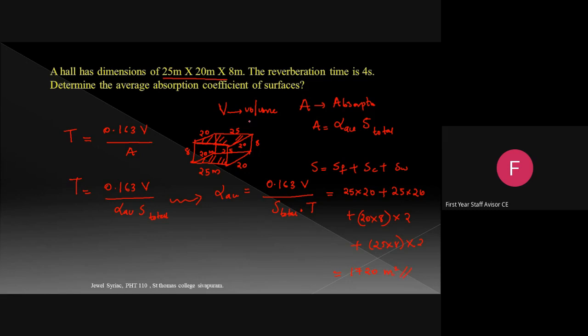Then what is the total volume? Calculate the volume here, then find out the absorption coefficient. If anyone gets a different answer for the total surface area, just say so, because I am not calculating it myself. Two people said 1720, that is why I wrote 1720 meter square.